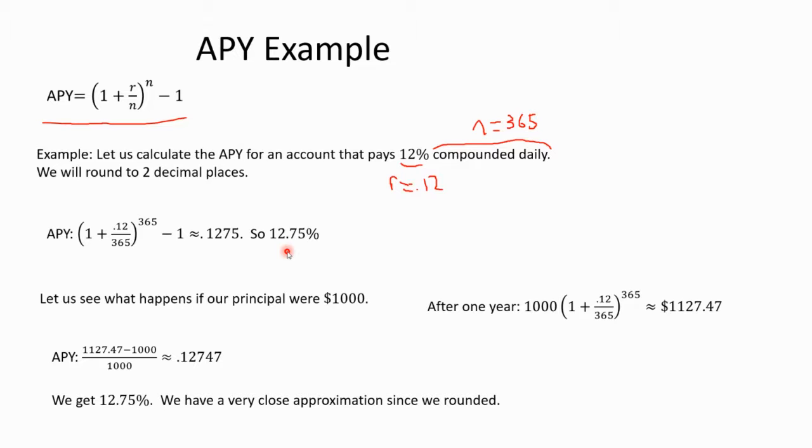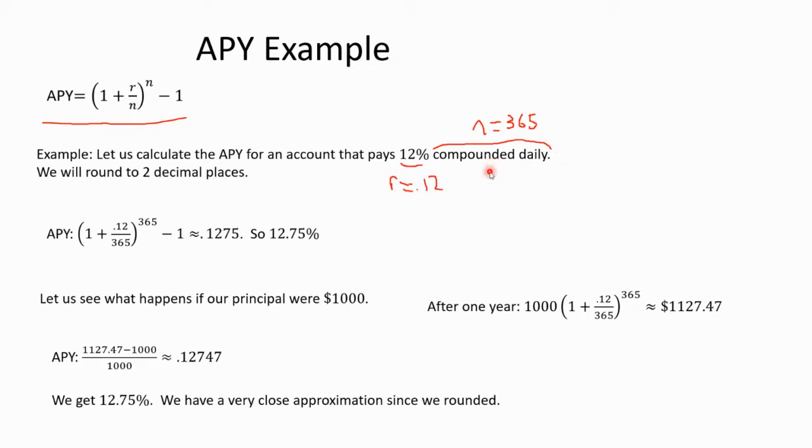I already said that you really don't need the initial amount, how much was deposited in the beginning. But let's just suppose that we deposited $1,000. So with these two values here, R is 0.12 and N is 365.